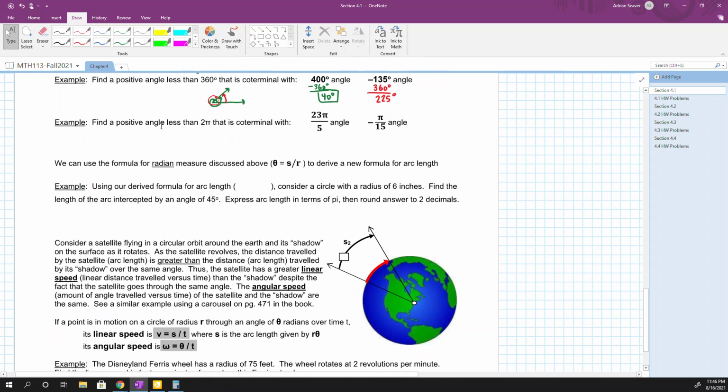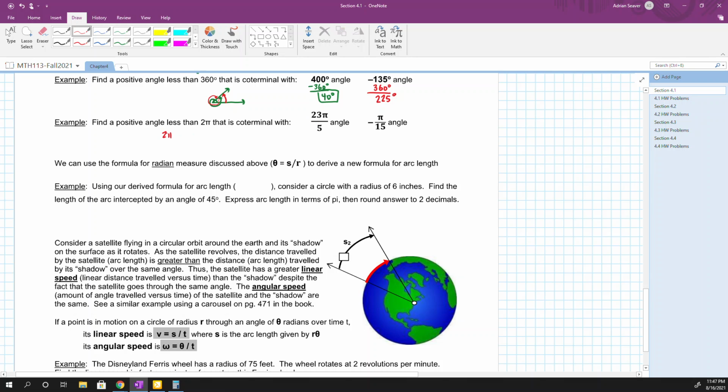It says find a positive angle less than 2 pi that is coterminal with. Well, if I'm in radians, I can't use 360 degrees anymore, but I can use 2 pi. So I want to be less than 2 pi. In this first term, at least, I have 5 as my denominator.